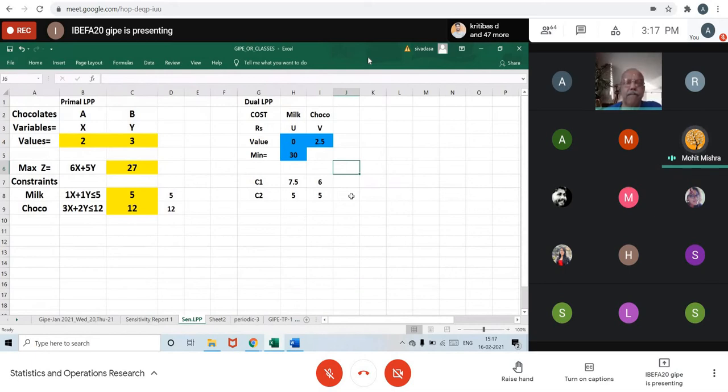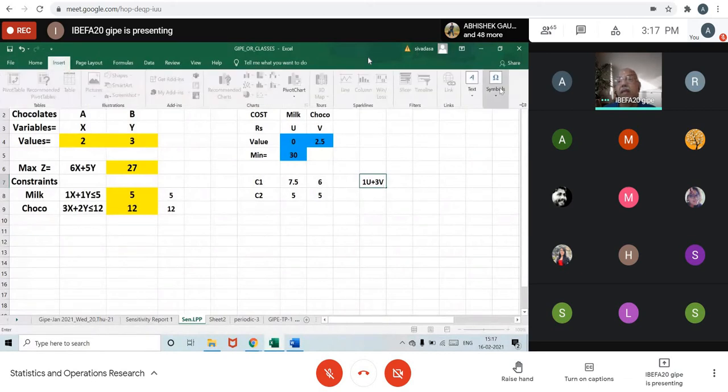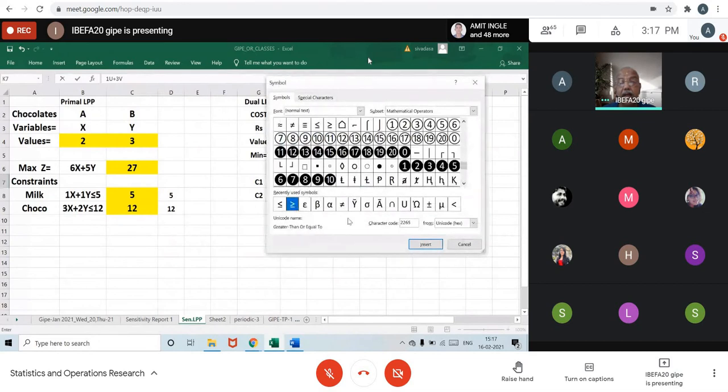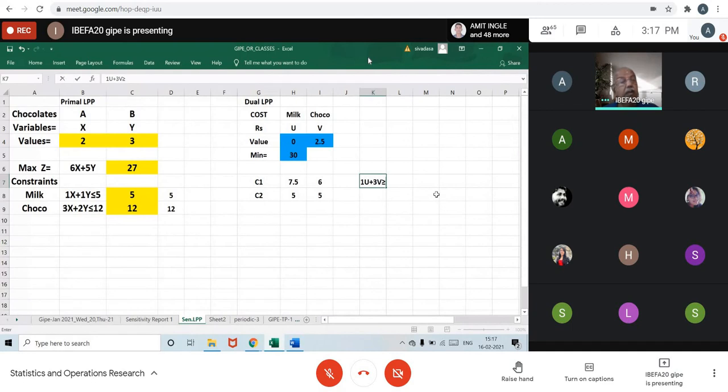Sir, could you please repeat the constraints once again? Yes. 1 U plus 3 V greater than or equal to 6.